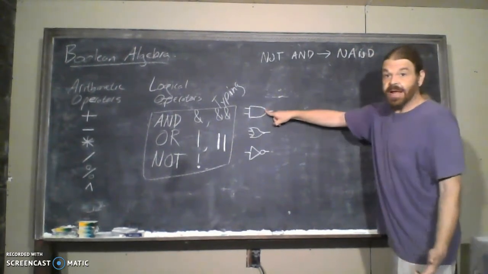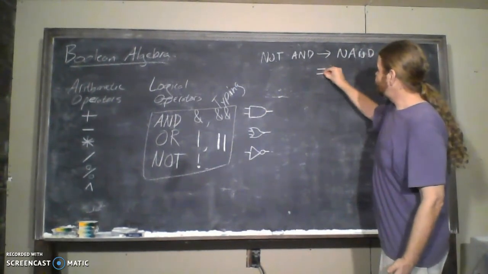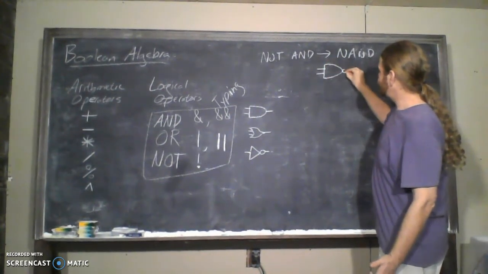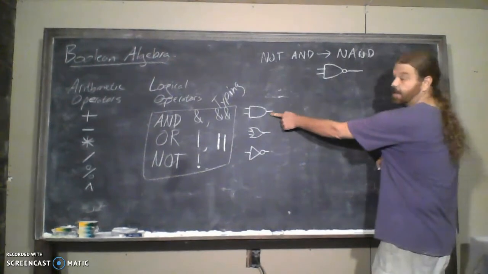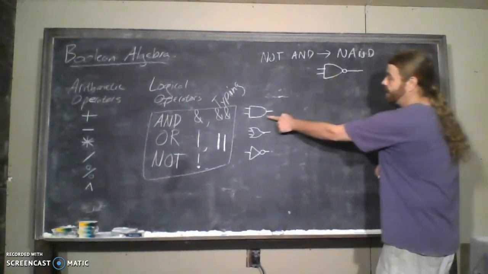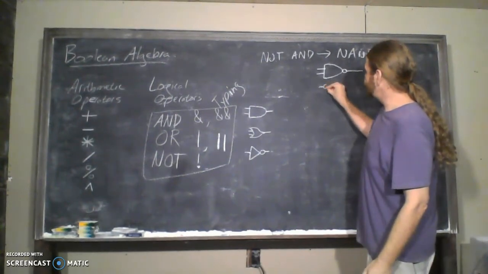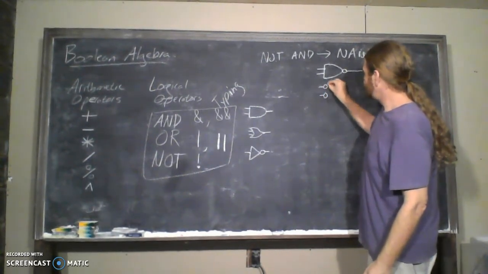And the symbol for that, as far as the electronic schematic component, an AND gate is the combination of them. So symbol for and then the symbol for NOT. So a little dot afterwards. Or you might see it with the little dot first.